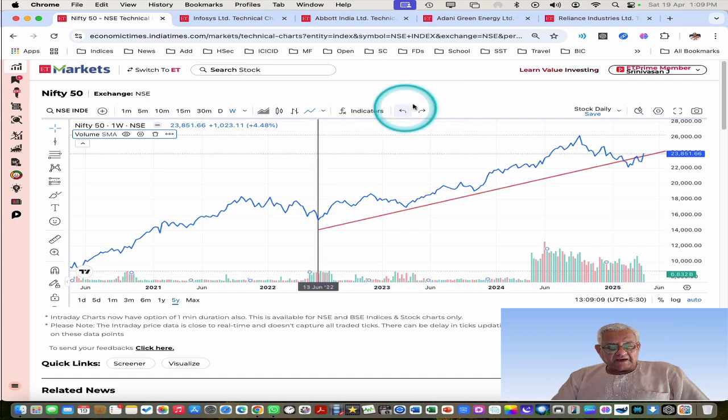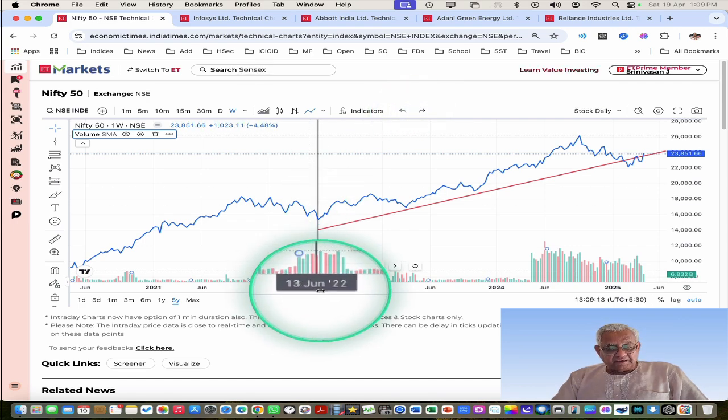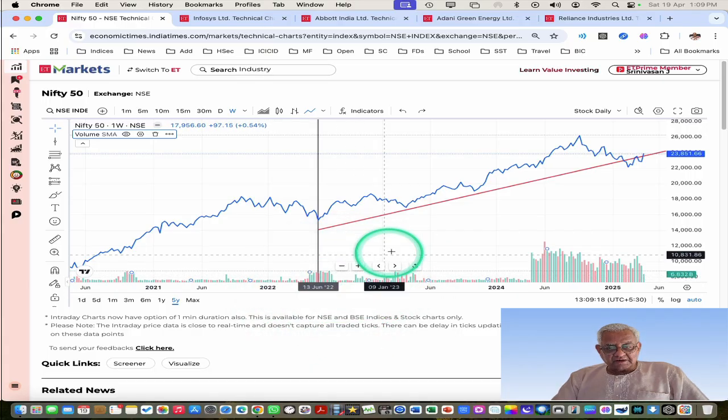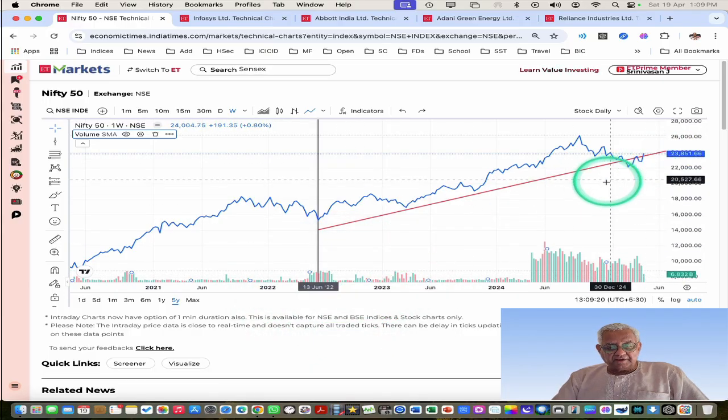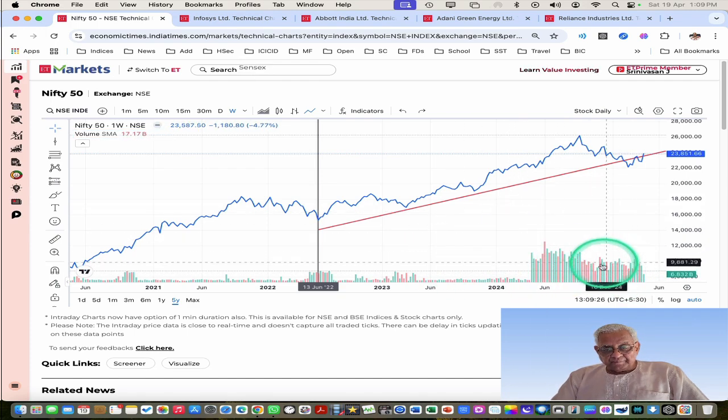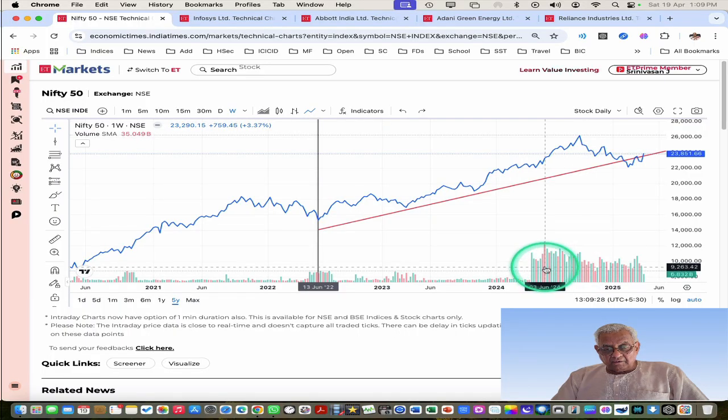And this started way back on 13th of June 2022, and it's continuing all the way till now, and volumes are high, which indicates that there is no let up in the support.